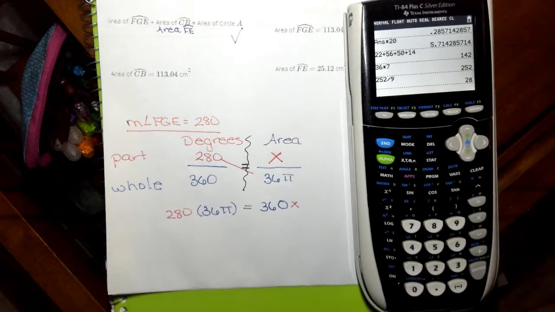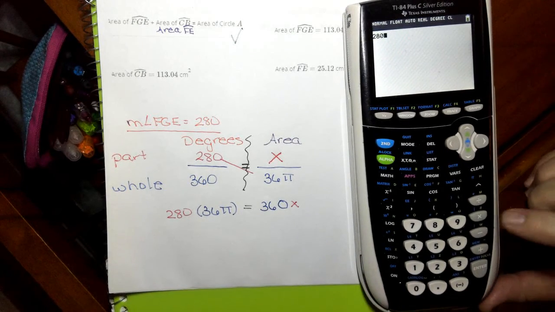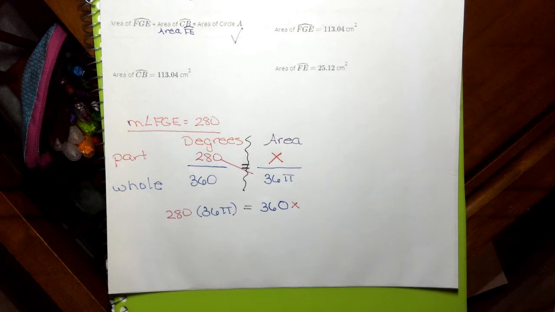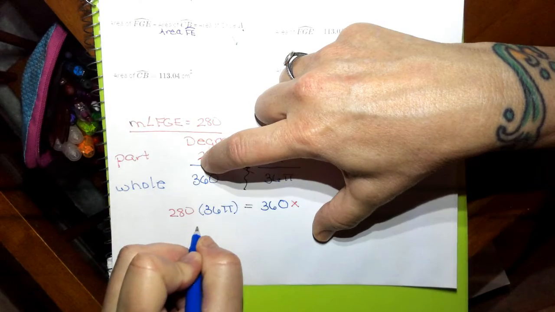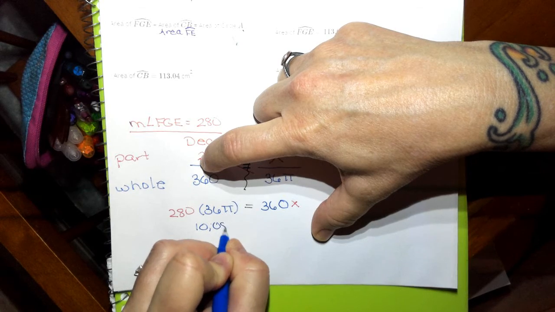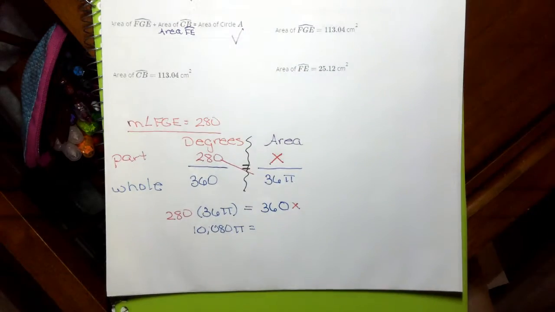So let's go ahead and clear out from yesterday, and we have 280 times 36, and that gives me 10080. Now I could have simplified that fraction first, but I didn't, so we're just going to go with it. 10080 pi is equal to 360x.